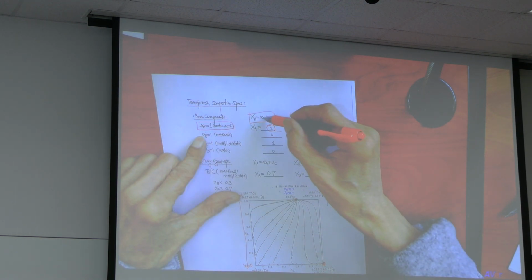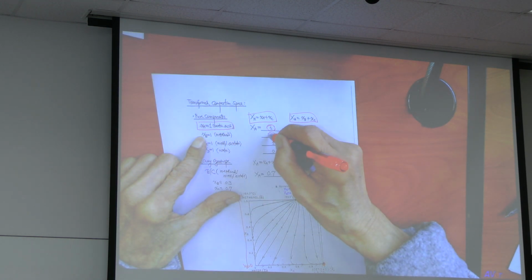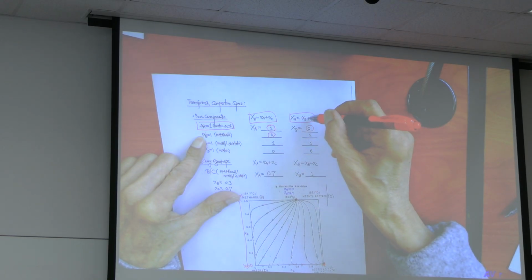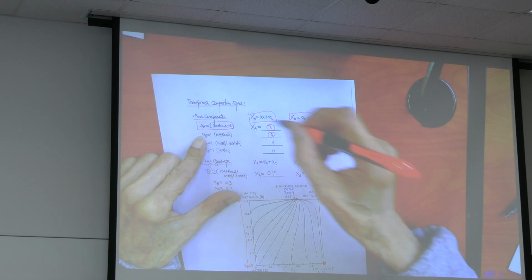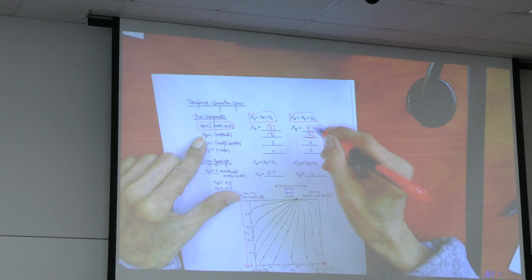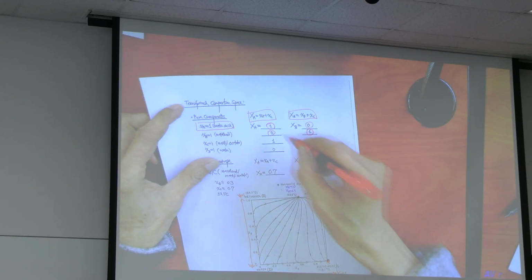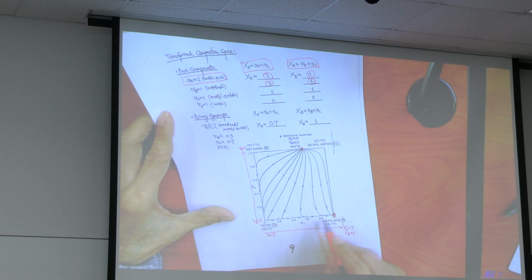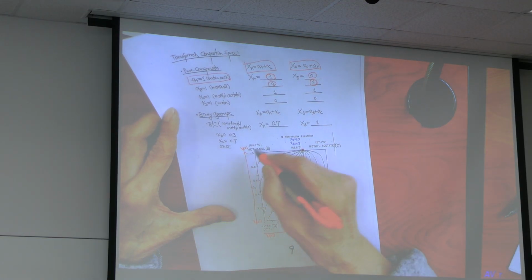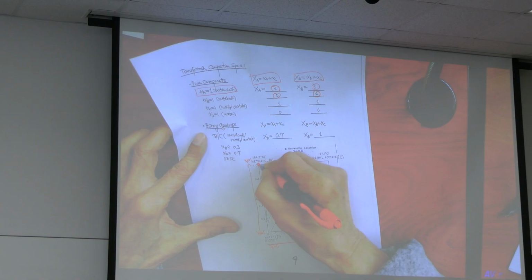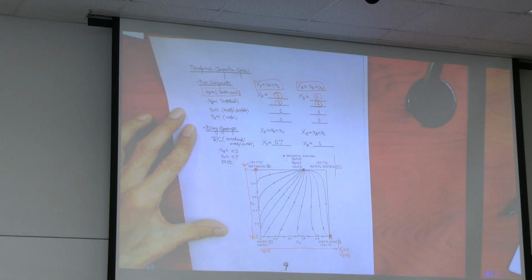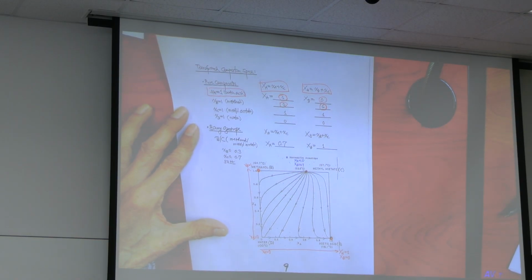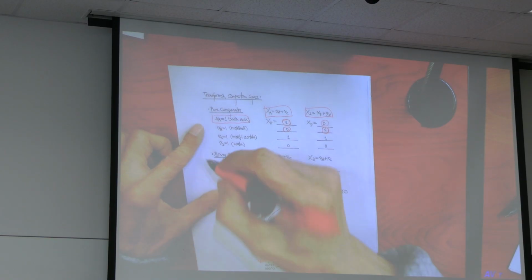B, AC, that is 0. B and C, XB, that's 1. So, 0 and 1. This point is methanol. Okay?